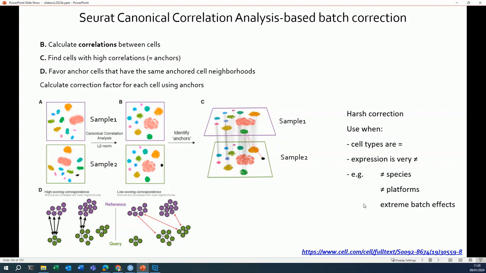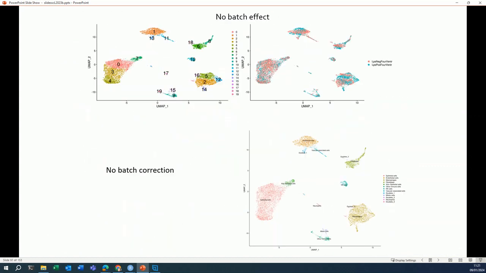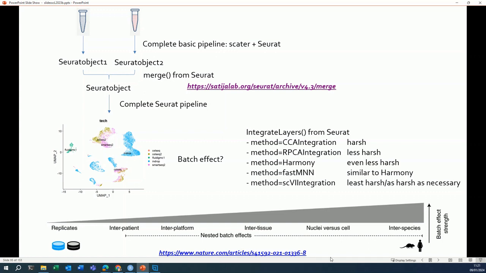So you typically use this with strong batch effects, and examples of strong batch effects, and I will go back to this slide for this, are when, for instance, you try to combine data from different species, or you try to combine single nuclei and single cell data, or you try to compare different tissues.